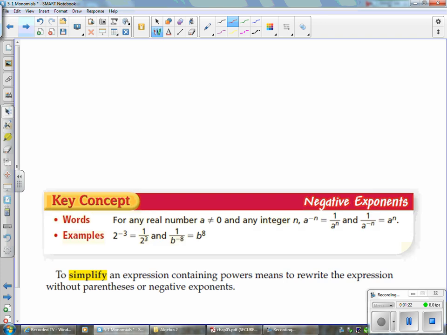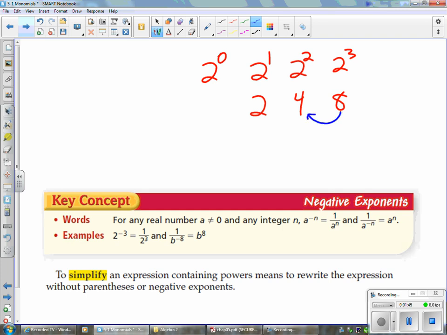Okay, so let me show you a pattern. I'm going to go backwards a little bit, but if I had, say, 2 to the 3rd, you would call that 8. If I had 2 to the 2, you'd call that 4. If I had 2 to the 1, you'd call that 2. And if I had 2 to the 0, well, look at the pattern. One way I can go from 8 to 4 is to divide by 2.